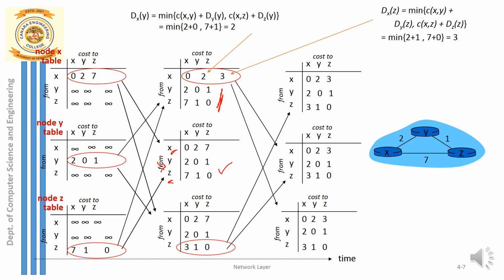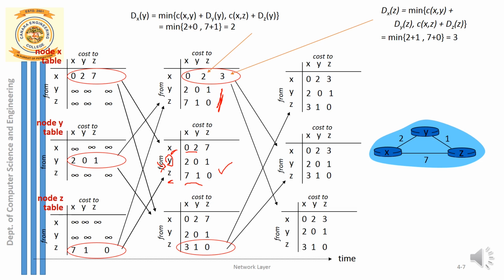So we have two neighbors for source node y, one is x and the other one is z. You can see the help of these two pieces of information. How did I get them? 0, 2, 7 and 7, 1, 0. We got this information from the previous iteration.